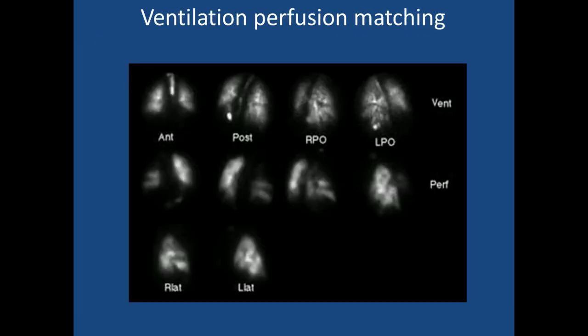So this slide is showing the ventilation scan in different views, and the perfusion scan in different views. And once there is mismatching, where we could see the trace being taken up in areas of ventilation and not taken up in areas of perfusion, we call it ventilation perfusion mismatch.